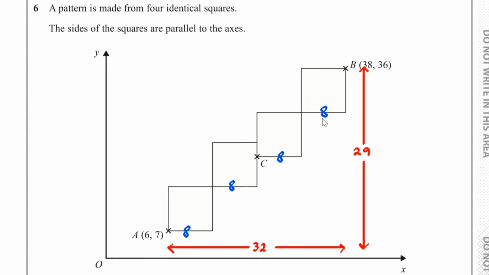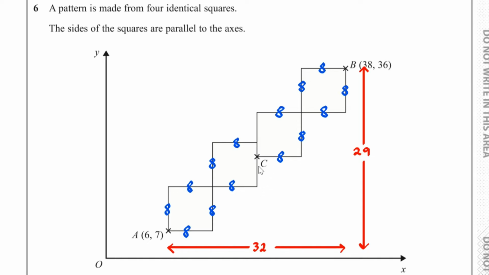Notice 4 times 8 gives the 32. And so, because we have a square, each side has the same length of 8. So we have 8s, as we see here.